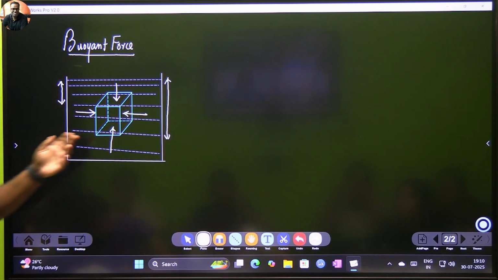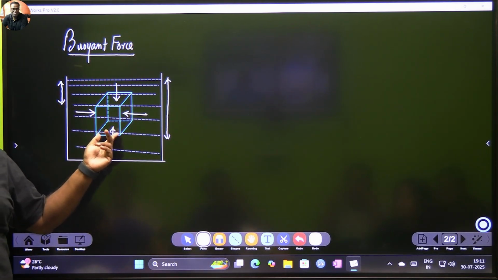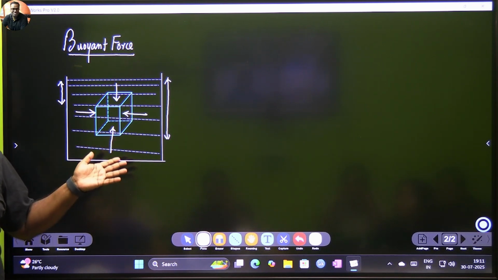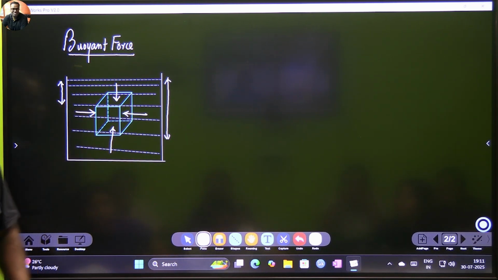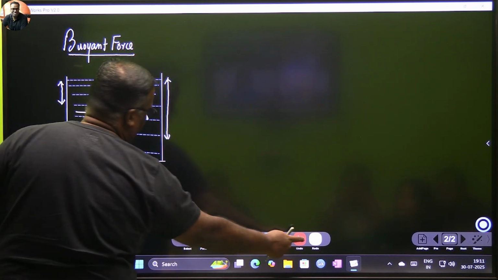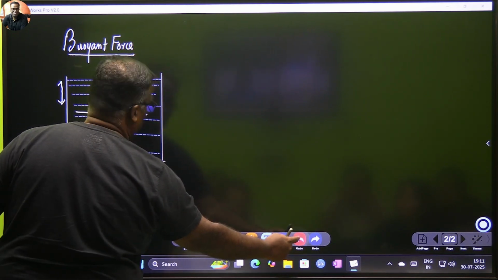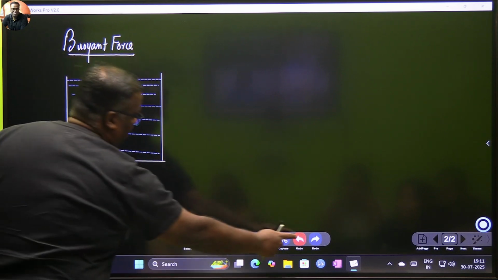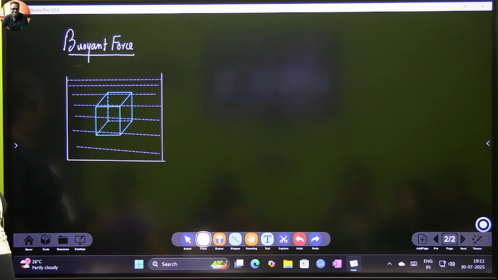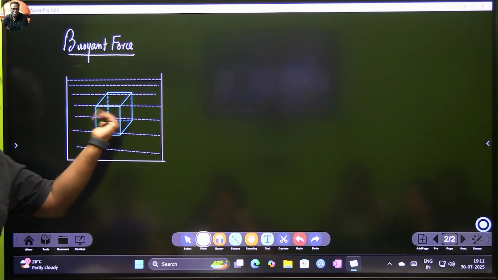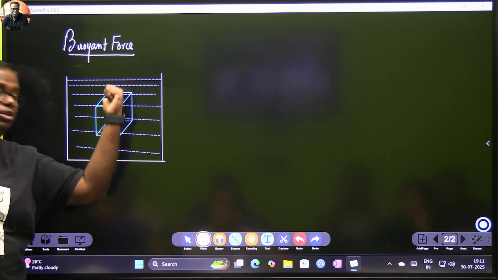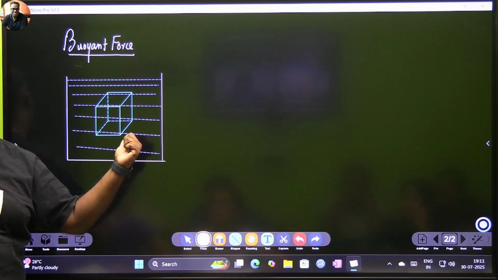Don't you think that the depth that the bottom surface experiences is much more? So the pressure at the bottom surface is much more than the pressure at the top surface. Now let's say I take off all these arrows. Have you understood this thing that the side pressures will cancel each other, the front pressure and the back pressure will cancel each other. However, there is a disbalance in the pressure on the top and the pressure on the bottom.